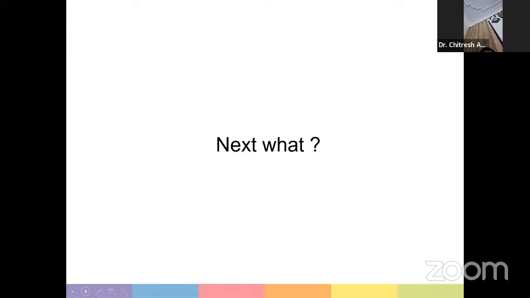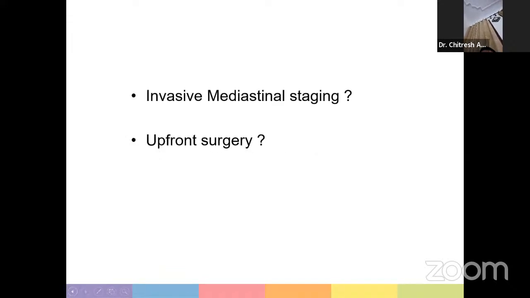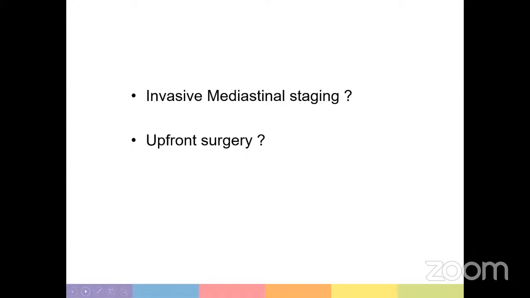Okay. Dr. Anish, will you be comfortable doing an upfront surgery, or do you always require a histological diagnosis in such patients? So, sir, I actually echo Dr. Ankit's viewpoint. I would discuss it with my interventional radiologist if it's possible to get a transthoracic biopsy or FNA. I would definitely like to have that so that we have a pre-op diagnosis.